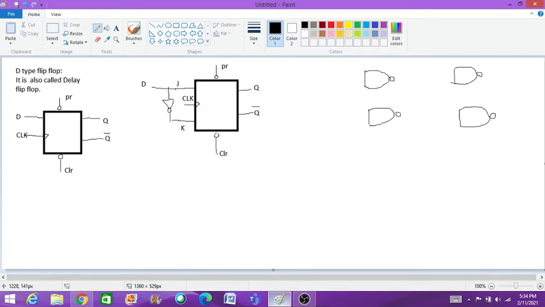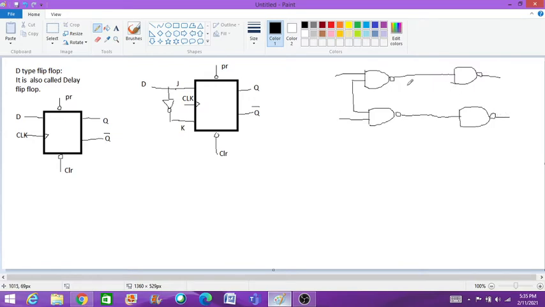One input is S, suppose, and the second input is your R. And there is a clock, which is connected with both gates, and the output of this gate will be connected as the input for another gate.